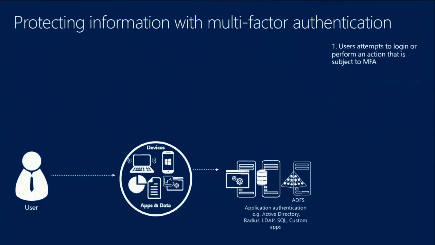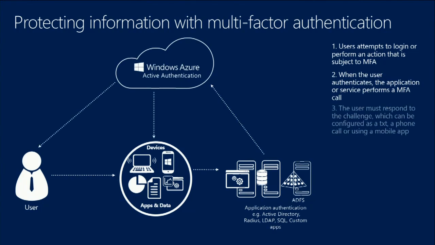Now, if I want to do this with multi-factor authentication, a user attempts to log in or perform an action that we want to make subject to multi-factor authentication. And again, I've determined what applications and data I want to make subject to multi-factor authentication when I use ADFS and when I utilize the web application proxy.